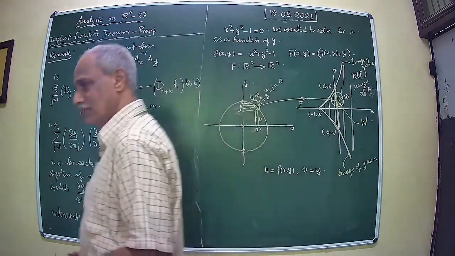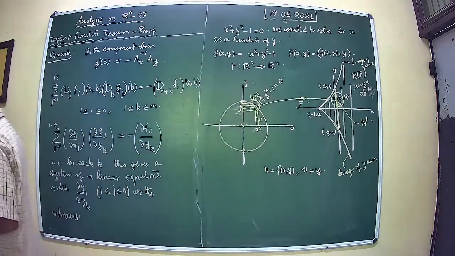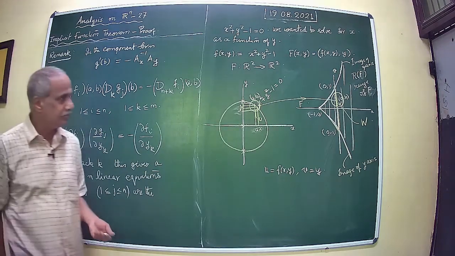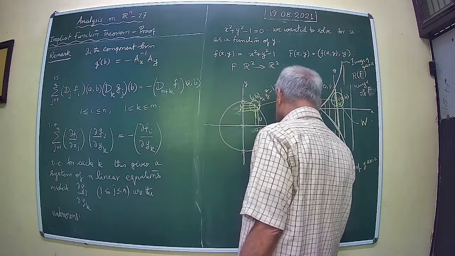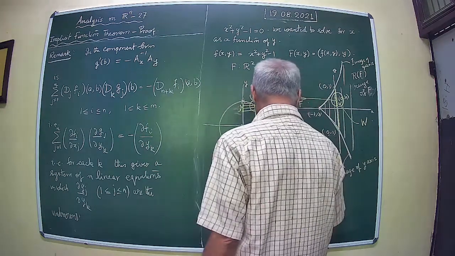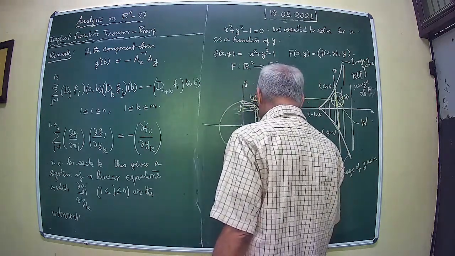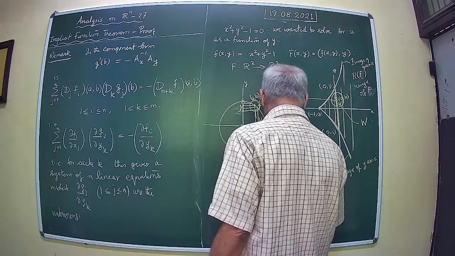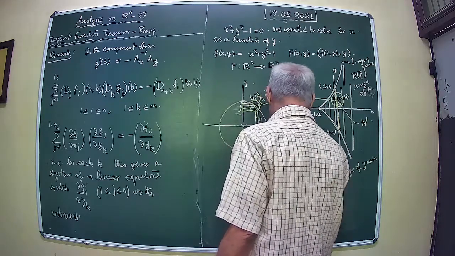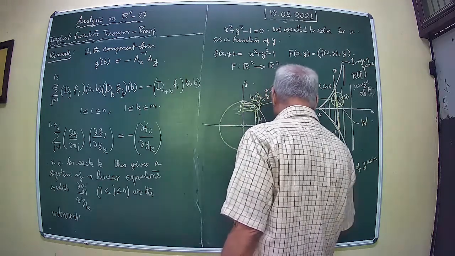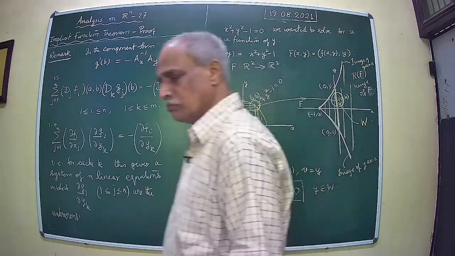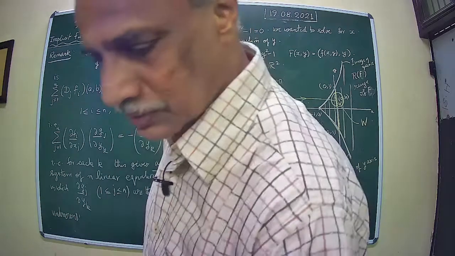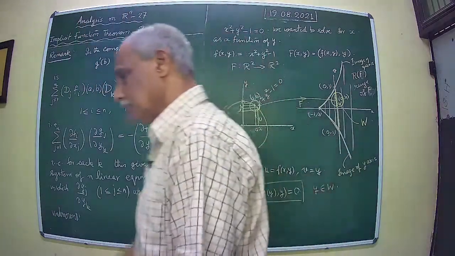So this is what is called the implicit function theorem, and you have correspondingly f of, this is the implicit function theorem.